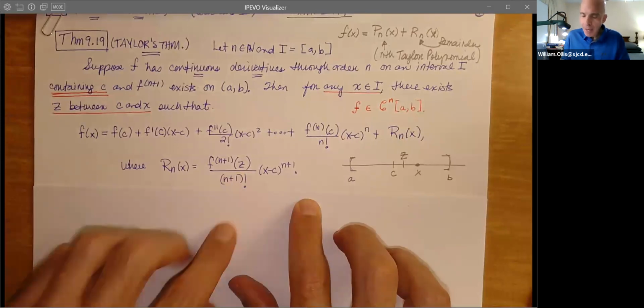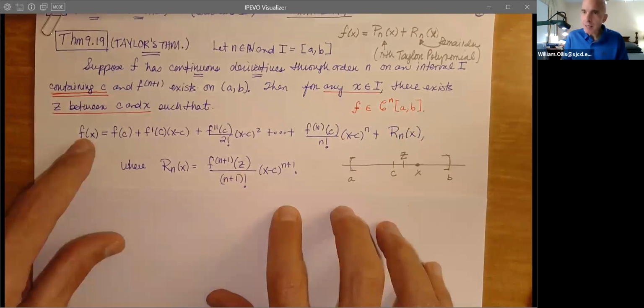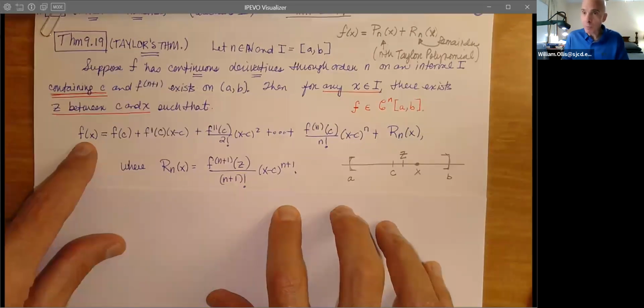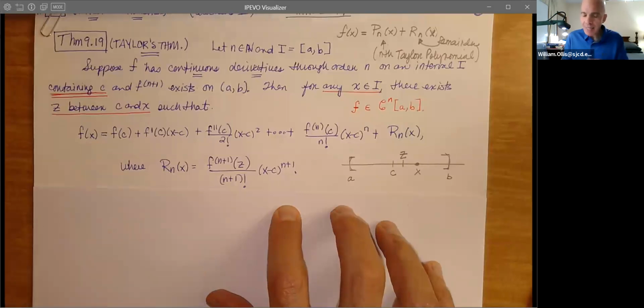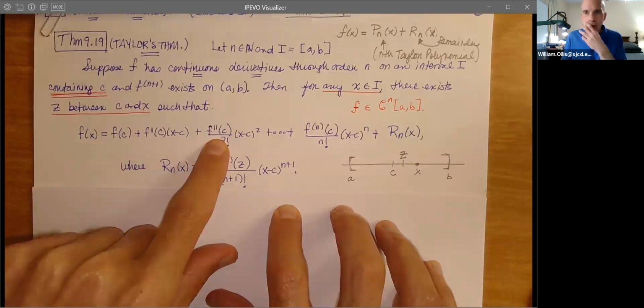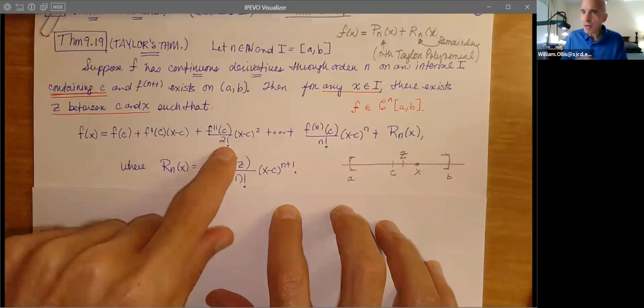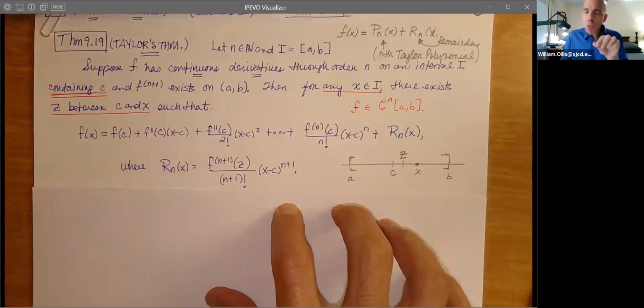Now, basically, with this theorem, you are replacing the function f with a polynomial. You're thinking, how is that? Well, the idea is that this polynomial is set up in a way so that it agrees with the function at n plus 1 points. And so you're thinking, the more terms here, it's a polynomial, and we're not too far away from c, the more this function is going to closely approximate f.